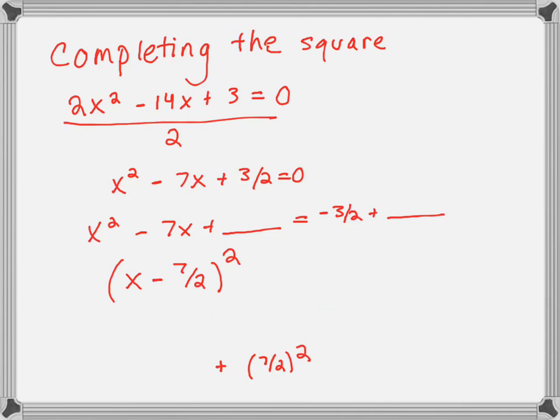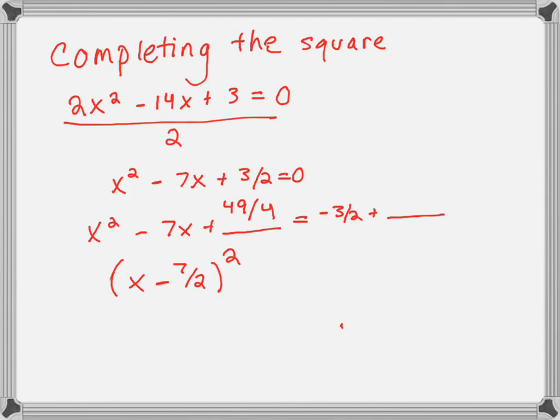So I'm just going to erase all this. Okay, and we're going to keep the x minus 7 halves squared. And when we square 7 halves, I just like to keep it as 49 fourths.